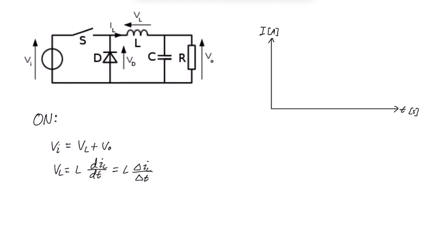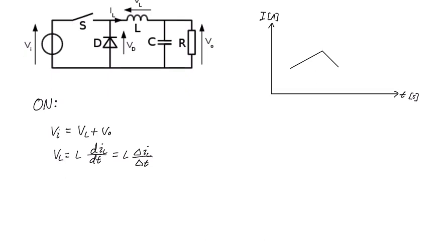So for example, if the current rises like this when it's on and falls like this when it's off, in steady state, this value here should be equal to this value here, which means that the change of current when it's on is equal to minus the change of current when it's off.